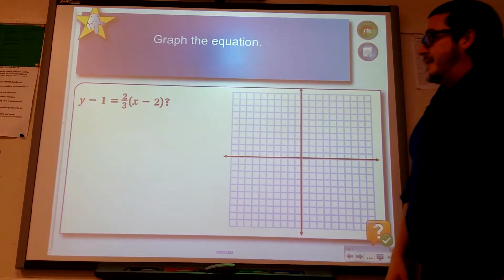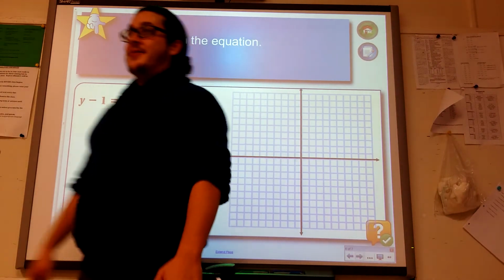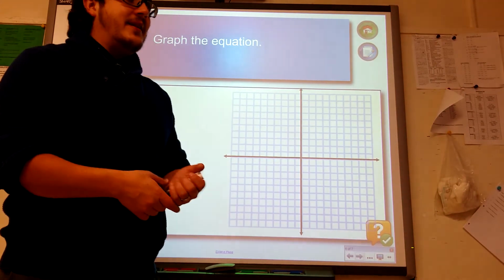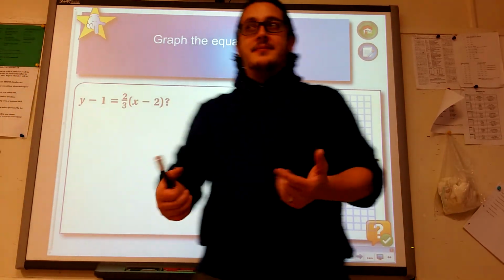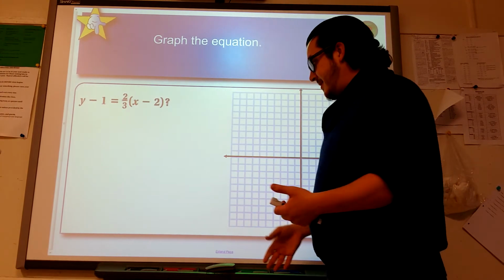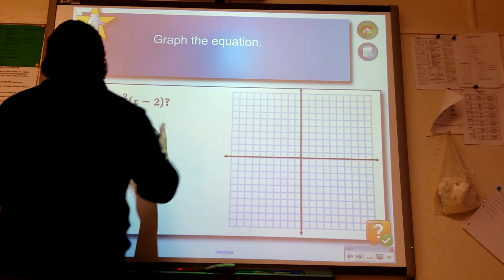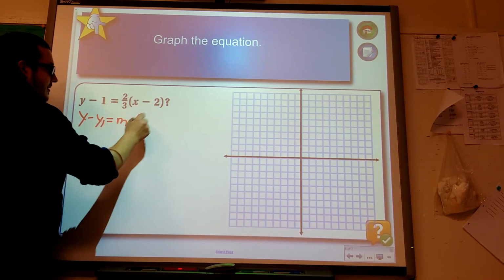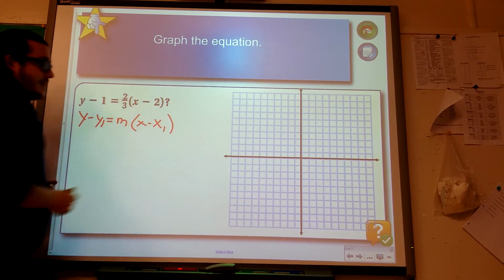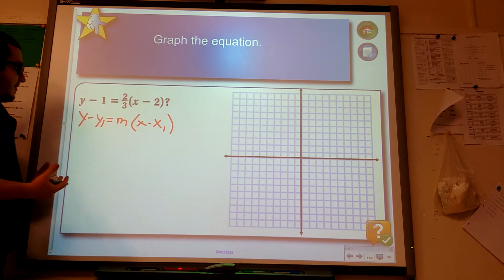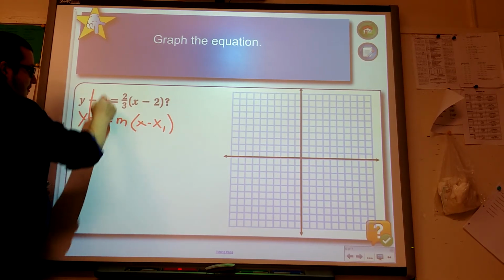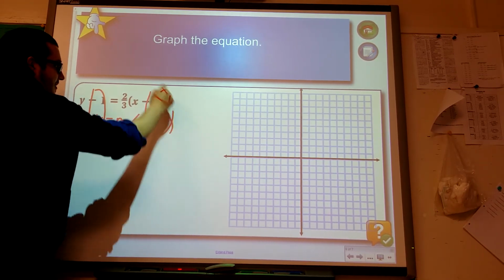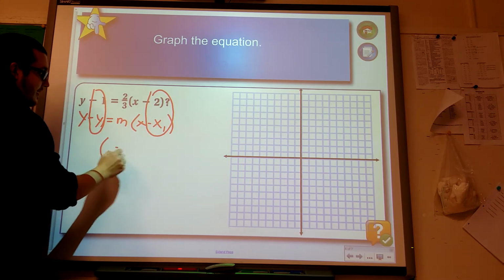Alright, let's look at graphing it. Here's the great thing about the graph: to graph anything you need a point and you need a slope. This gives you a point and a slope. We look at our equation, we know y minus y1, slope, x minus x1. This is our y1, this is our x1, so our coordinate is negative 2.